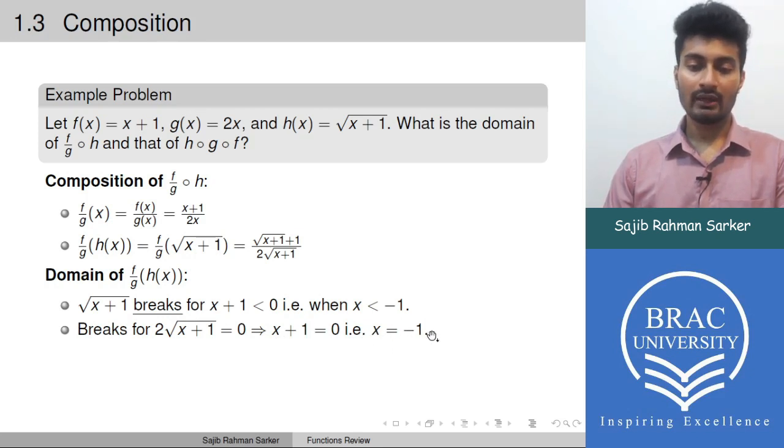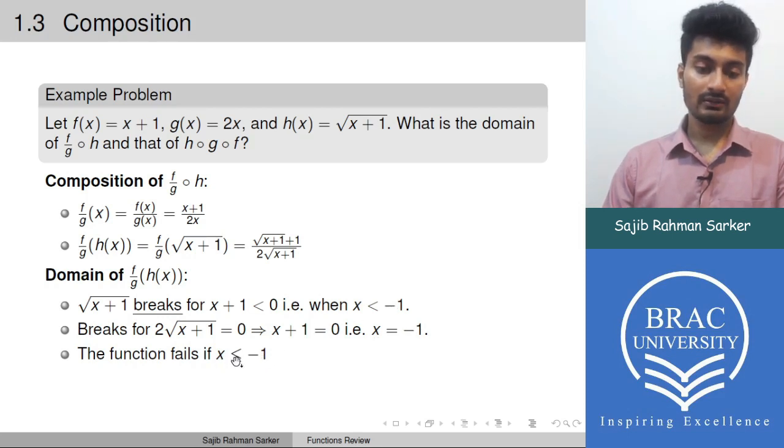Now the value x equal to minus 1 and any value smaller than minus 1 will cause this function to break. So either way the function can break. Now combining these two, we can find the function fails if x is less than or equal to minus 1. So any value smaller than minus 1 or equal to minus 1 will cause this function to fail. Now to find out the domain, we have to avoid all these values.